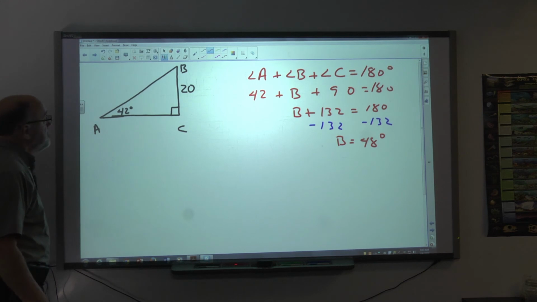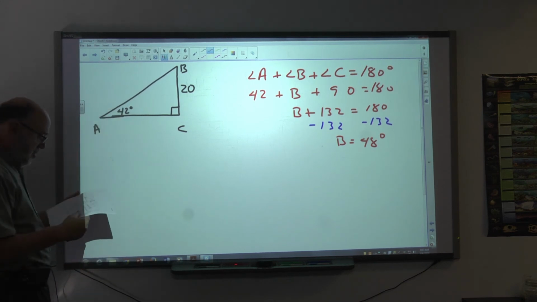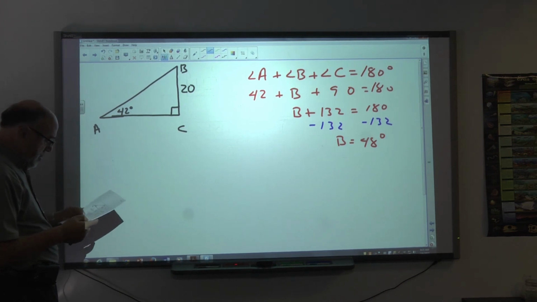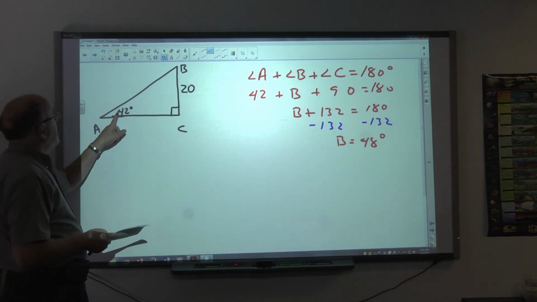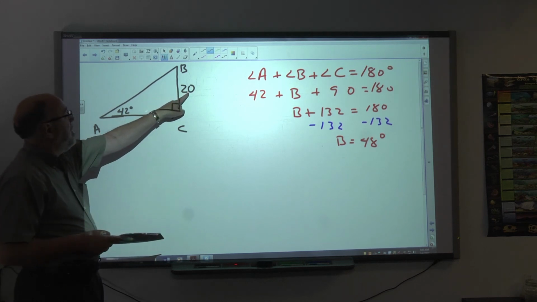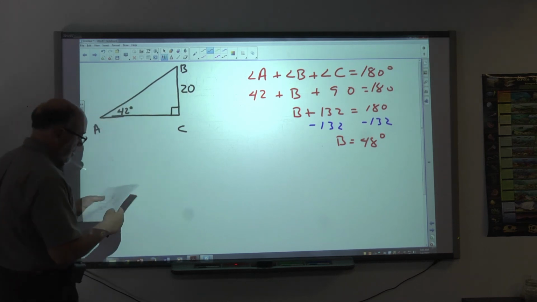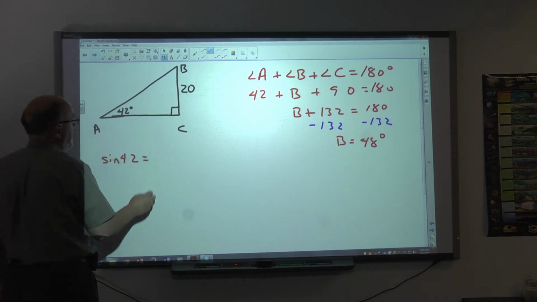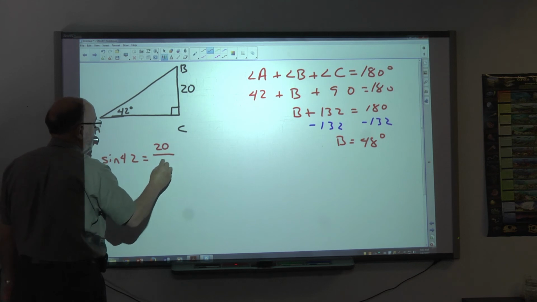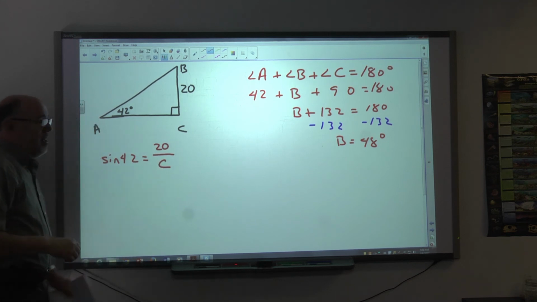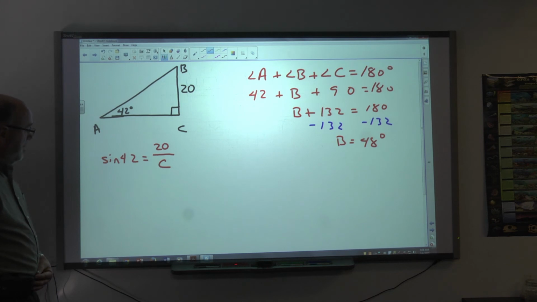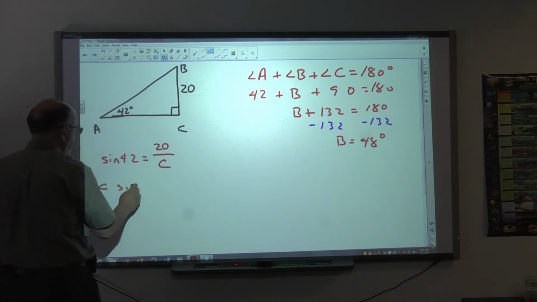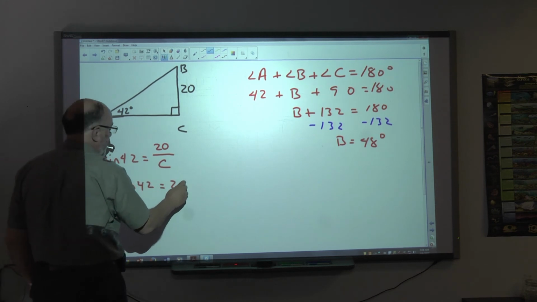Right? Now I want to find my two lengths. Well, relative to this angle, this is the opposite side. This is the hypotenuse. So I could write out that the sine of 42 is going to equal 20 over C, and then I can solve that for C. The opposite of dividing is to multiply, so I get C times the sine of 42 equals 20.